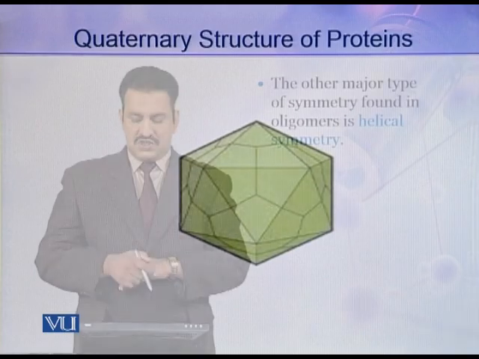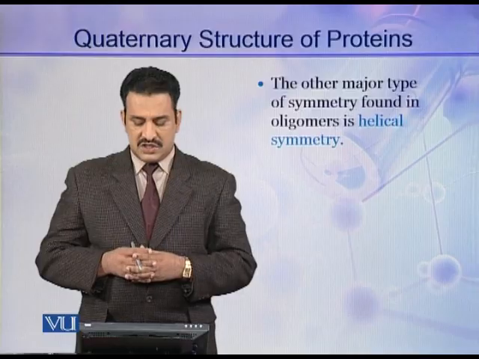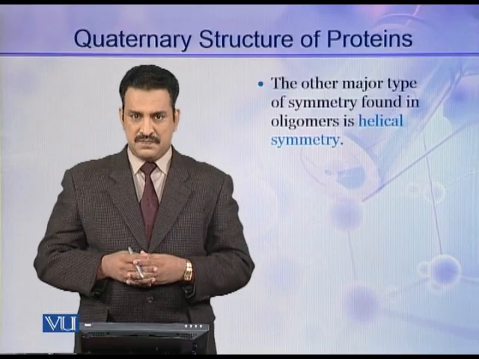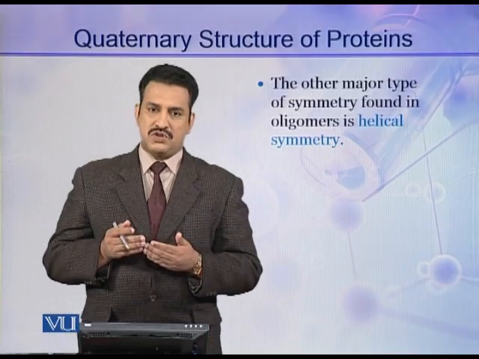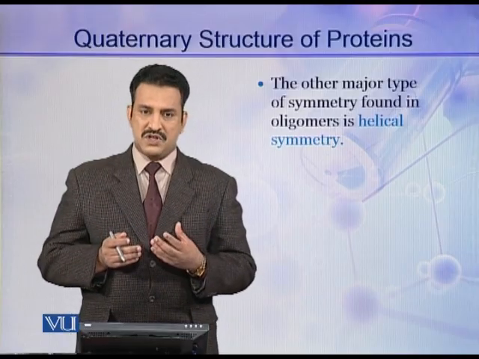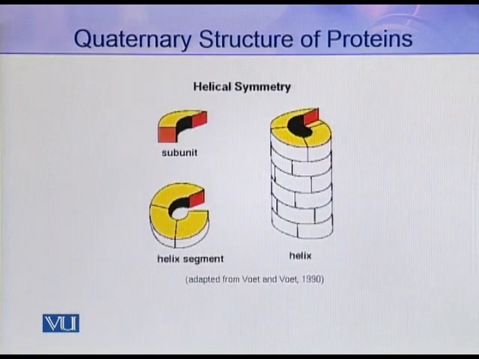The other major type of symmetry besides rotational symmetry is helical symmetry. In the helical symmetry, the protein subunits or protomers are helically arranged. For example, in this figure you can see this is a single protomer, and these protomers are attached together and they form a single helix segment.